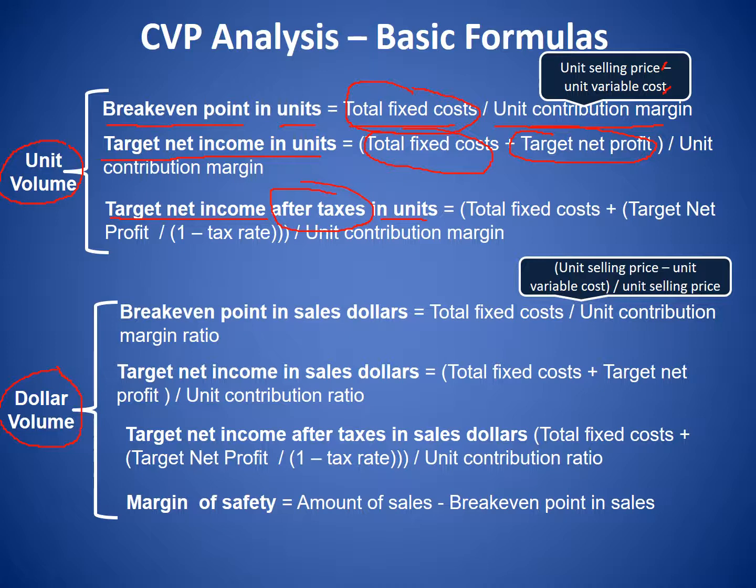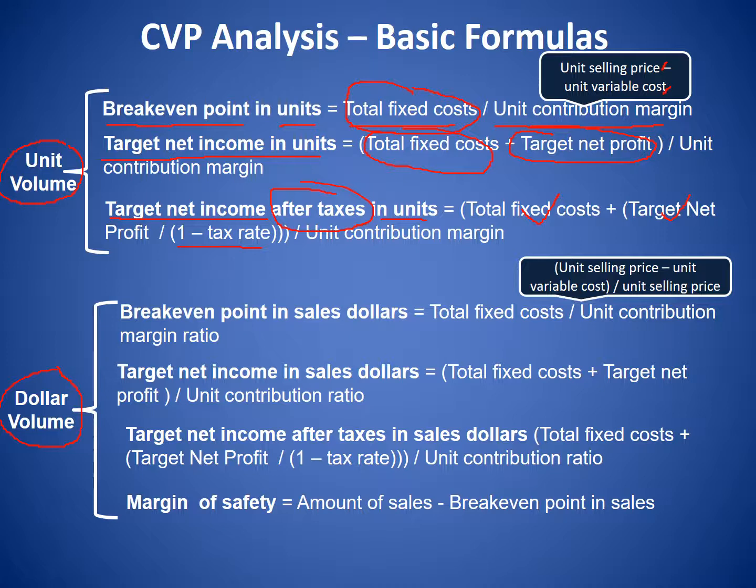So again, I take my total fixed costs and I add in my target net profit, the net profit I want to achieve, but I need to adjust that by the amount of taxes I'm going to have to pay on that net profit. So it's target net income divided by 1 minus the entity's tax rate.